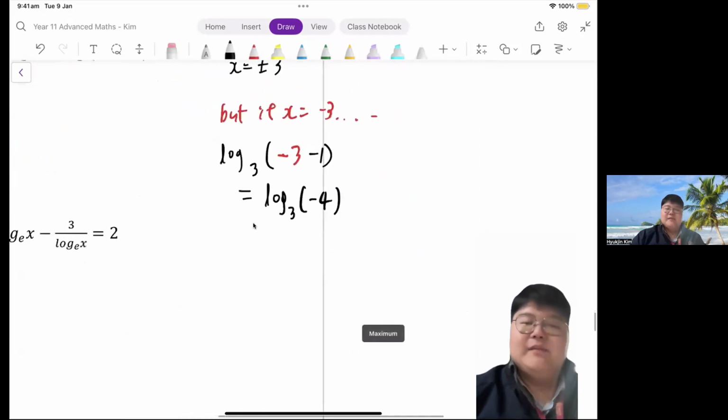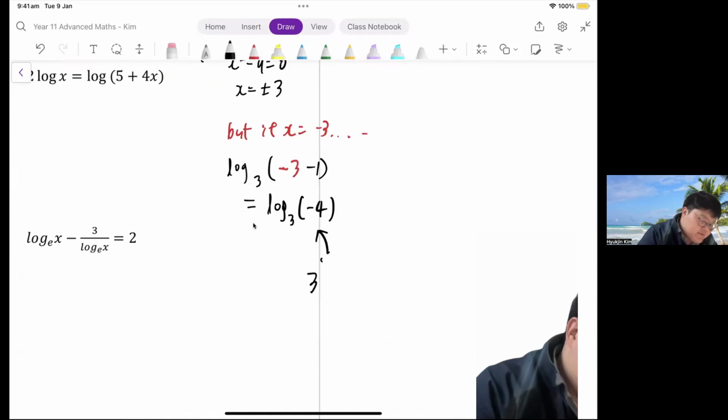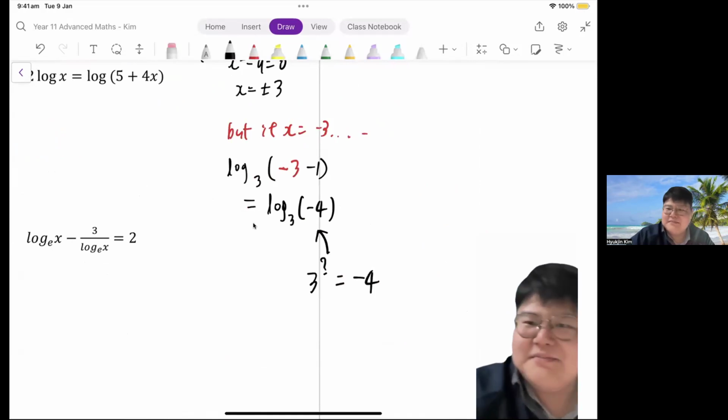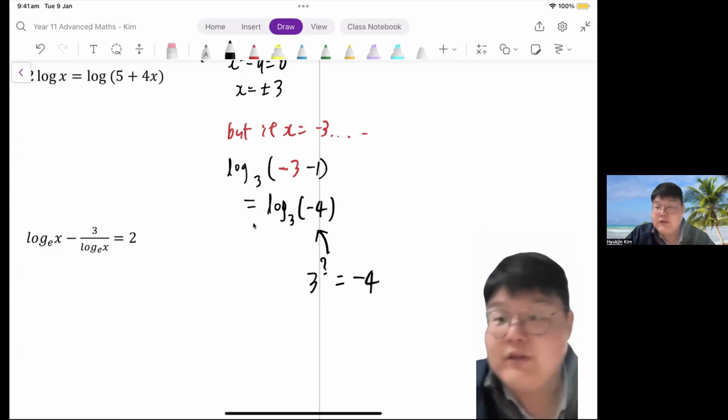What does this really mean? This implies 3 to the power of something equals negative 4. But this is impossible. We cannot have a negative value when you have 3 to the power of a number.